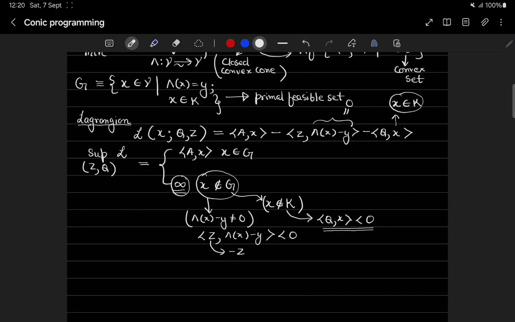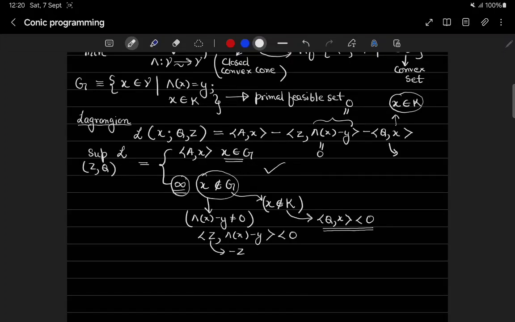So this means that outside the set, this supremum takes an infinite value. You can think about it as giving a penalty for not belonging to the set. And inside the set, it will take Ax, because inside the set this is equal to 0 and this is positive because this is the separating hyperplane.